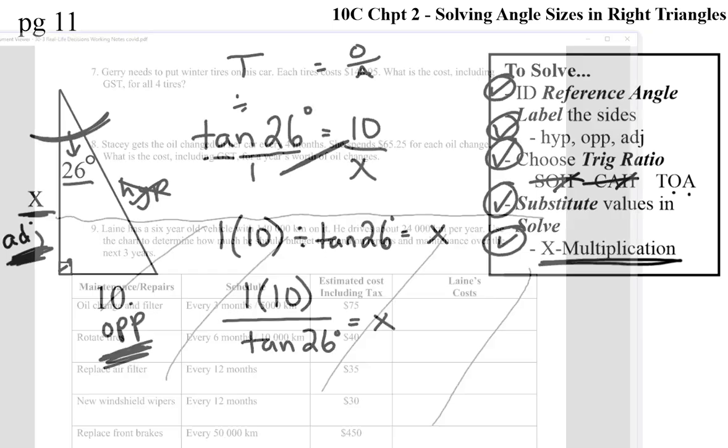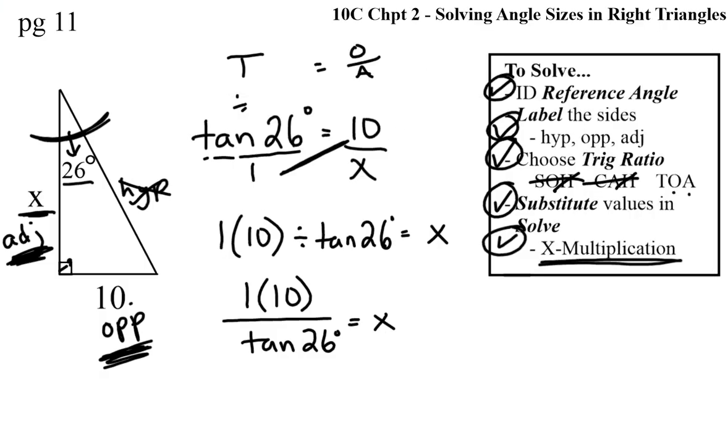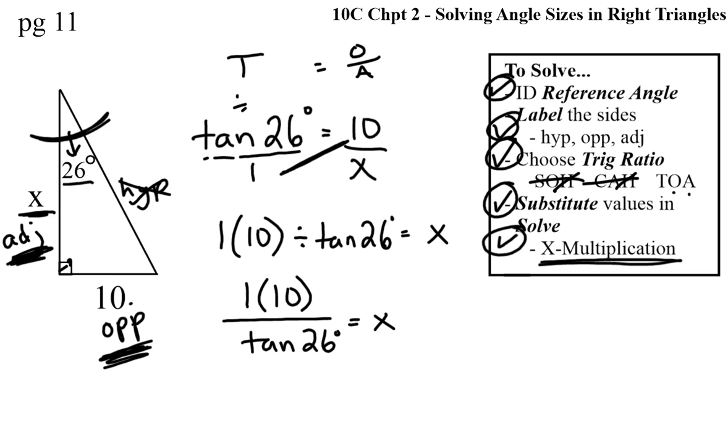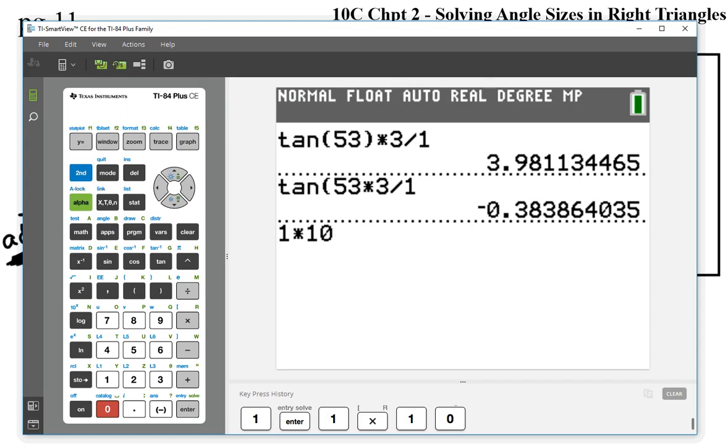So on our calculator, whoops, wrong sheet. On our calculator, tan is not what we want to start with. We want 1 times 10, correct? Double check, I've forgotten already. 1 times 10 divided by tan 26, 1 times 10.